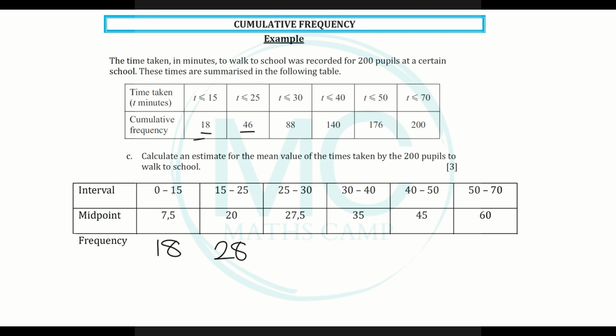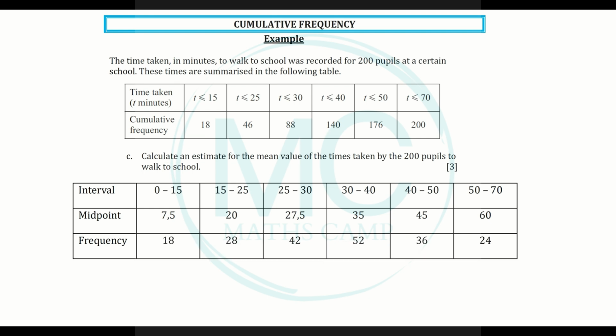For our third interval, 88 minus 46, which gives me 42. 140 minus 88 gives me 52. 176 minus 140 gives me 36. And 200 minus 176 gives me a frequency of 24. Now I have my midpoints and I have my frequencies.